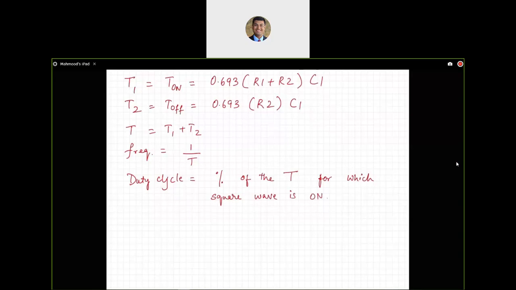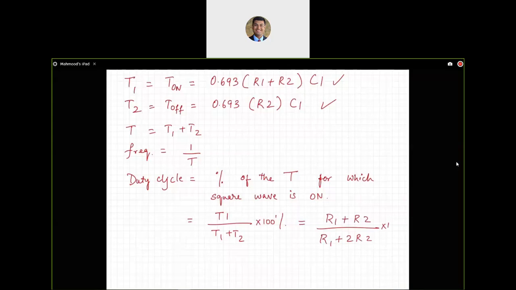So this is essentially T1, the on time, divided by the total time, T1 plus T2, expressed as 100%. And if you put these equations in that, you will get R1 plus R2 divided by R1 plus 2R2 as a percentage. So duty cycle does not depend on the value of the capacitor C1, it only depends on the values of R1 and R2.